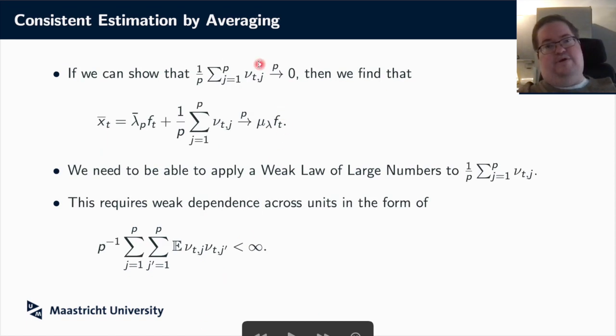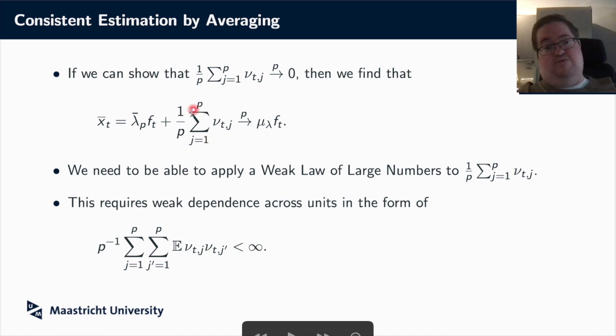Well then, if we can show that the second term, the average of the idiosyncratic components, goes to 0, well then we basically have what we need to show. Well, we can prove that the first term converges to a rotation of the factors, but because we only have one factor, a rotation is nothing more than just a multiplication, and that will depend on the value of these lambdas here.